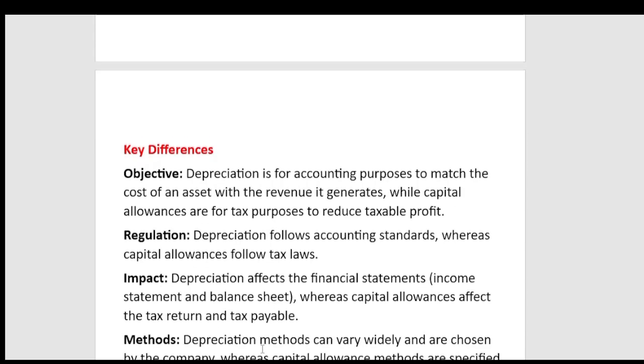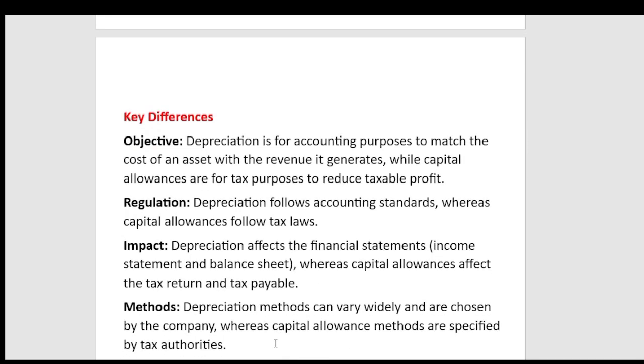Hope we are there. Good. Let's check out the method. Depreciation methods can vary widely and are chosen by the company, which method they want to use, whereas capital allowance methods are specified by the tax authority.